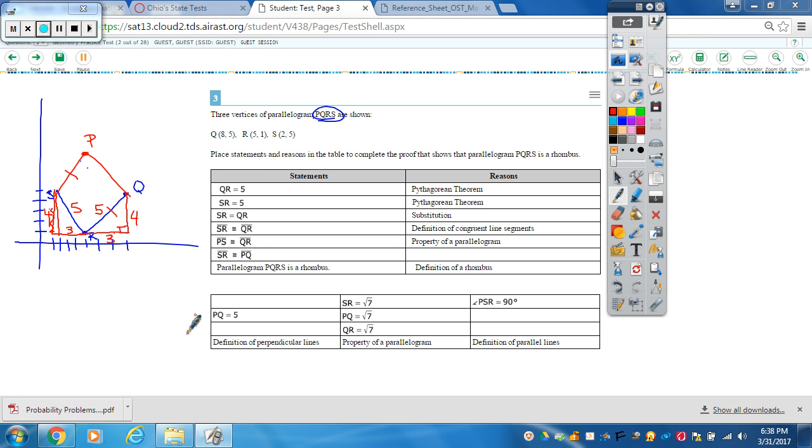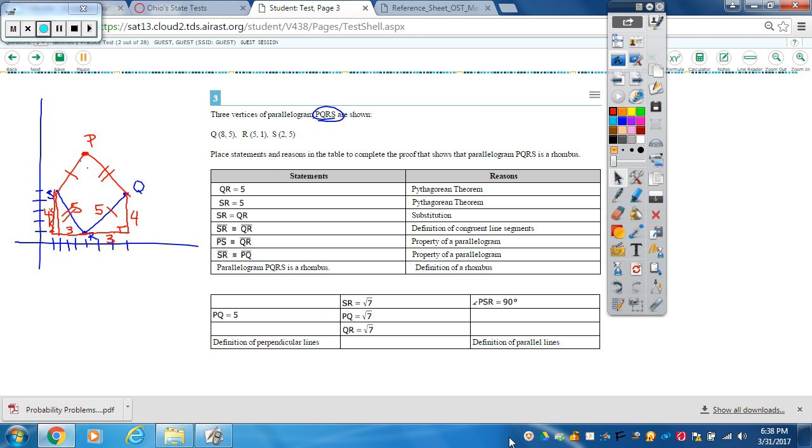I then know that SR will be congruent to PQ. So if I look here, where is SR? SR will be congruent to PQ, by properties of a parallelogram. I was going to say definition of a parallelogram, but properties of a parallelogram is true.